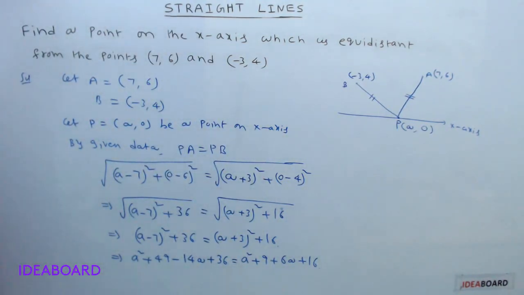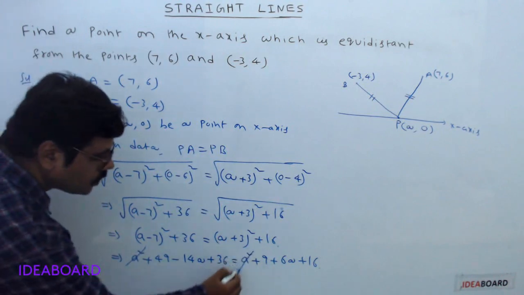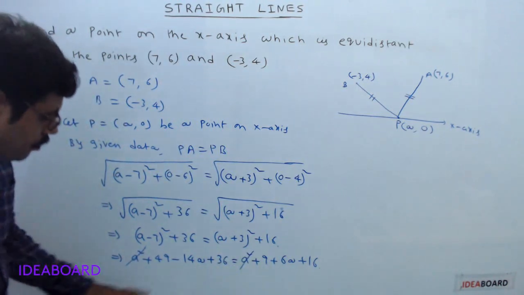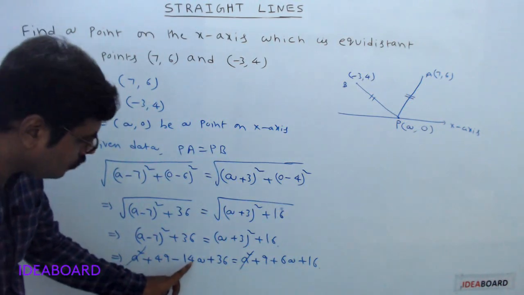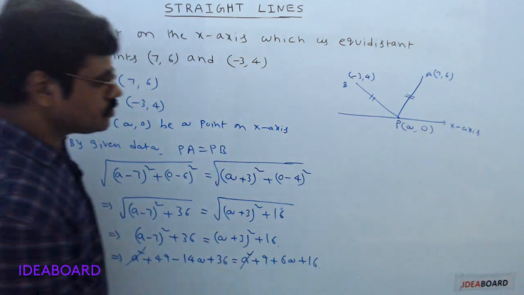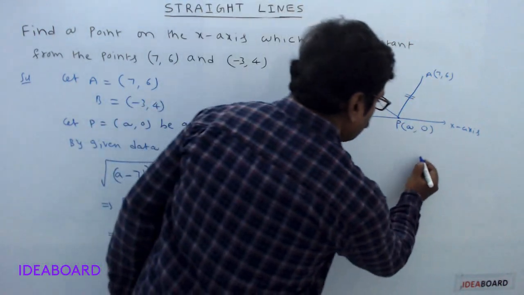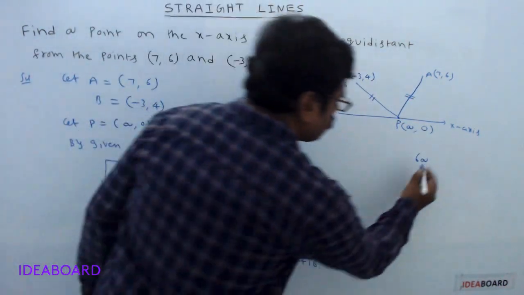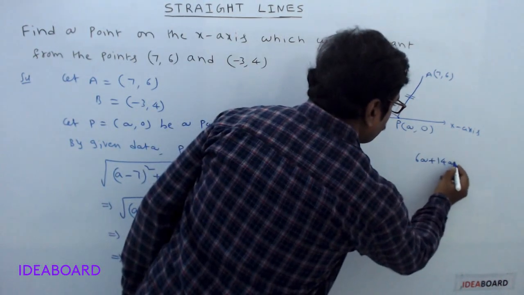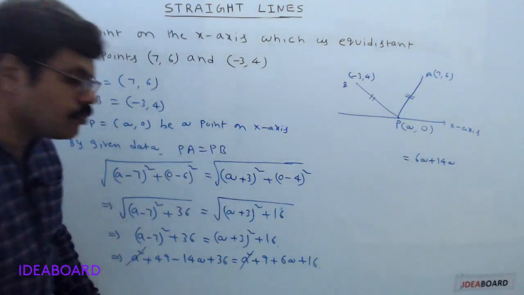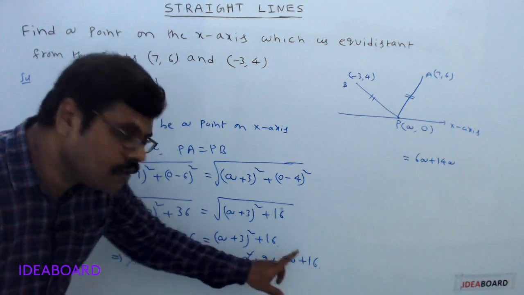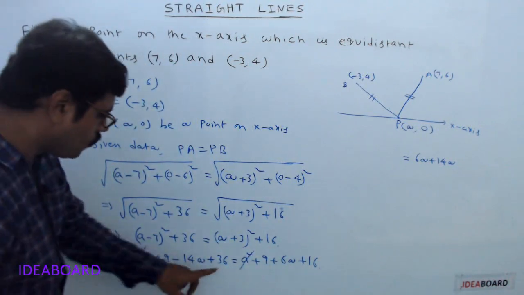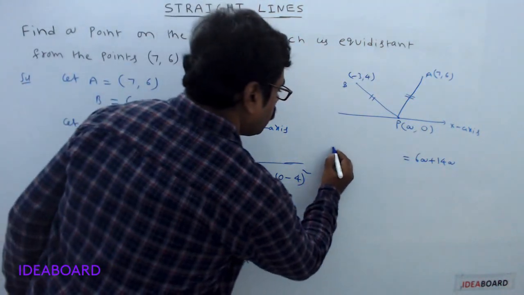Any cancellation? A square term will be cancelled on both sides. Then bring this minus 14a from LHS to RHS. It will be 6a plus 14a equals, bring this 9 and 16 from RHS to LHS. Already here 49 and 36 will be there.